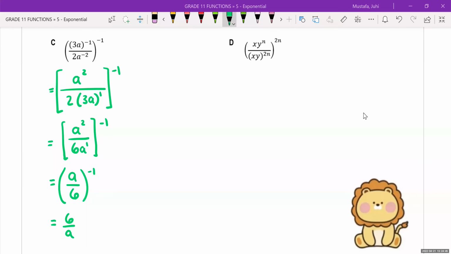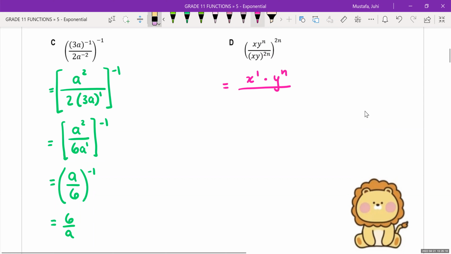So pay very close attention to question D, because like I said, it's a little bit tricky. I'm first, again, going to look in the innermost bracket, and I'm going to see what's happening here. So I have x to the power of 1 times y to the power of n all over, and see this 2n? I'm going to go ahead and distribute it to both of the terms inside of the bracket.